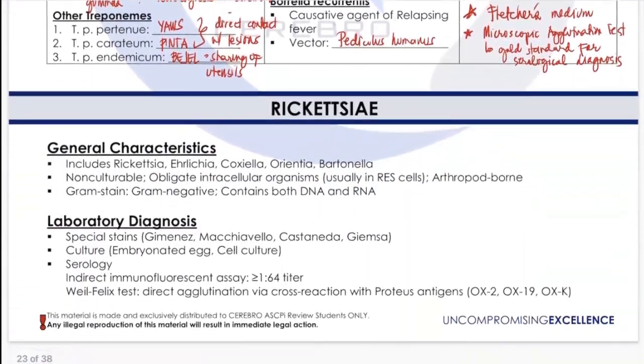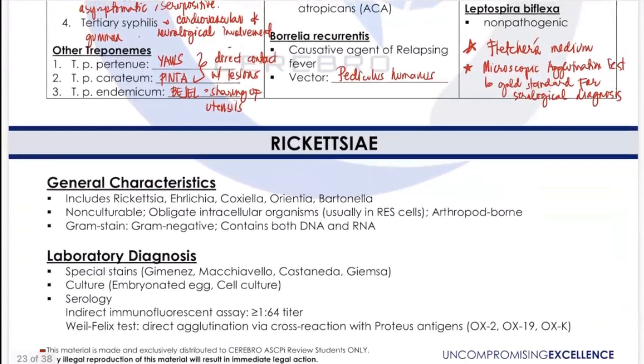So, now let us proceed to the organisms that are usually virus-like. They are virus-like because they are obligate intracellular organisms. That means they only thrive inside the cell. So this includes Rickettsia, Ehrlichia, Coxiella, Orientia, and Bartonella in the case of the Rickettsia species. Then later on, we also have Chlamydia and Mycoplasma.